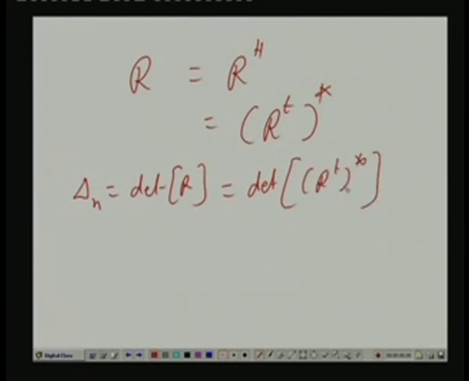Now, R transpose is just ordinary transposition, and then conjugate. You can easily visualize that if you take this matrix R transpose and conjugate all the elements and then take the determinant, you will get the same thing if you first take the determinant of R transpose and then conjugate, because after all, what is the determinant? There will be many product terms which are added.